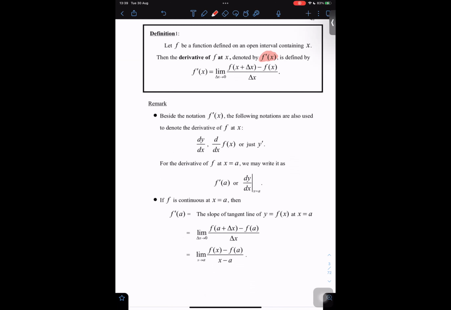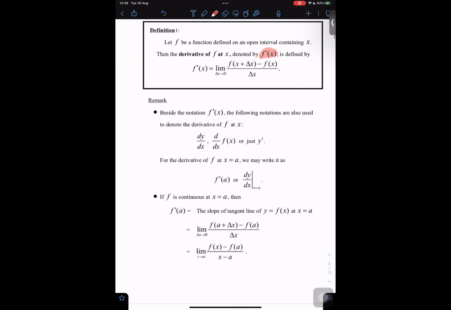And when you want to know the derivative at x equal to a, you can plug a into x. You will see this again in the example.